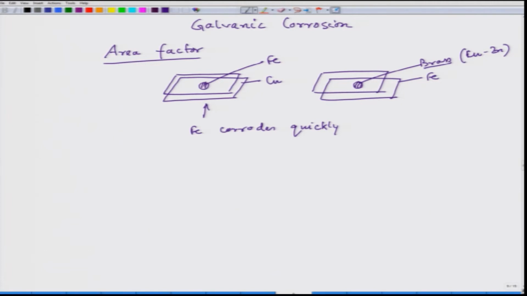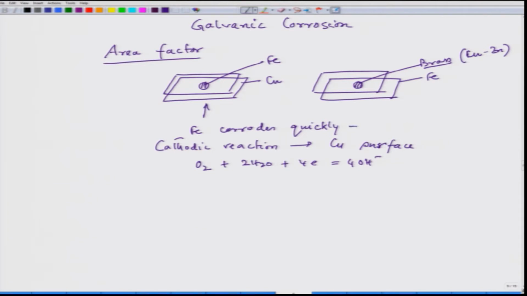In this case, the cathodic reaction happens on the copper surface. Since it is a neutral solution, if we have dissolved oxygen, the cathodic reaction on the copper surface would be O2 + 2H2O + 4e- = 4OH-.